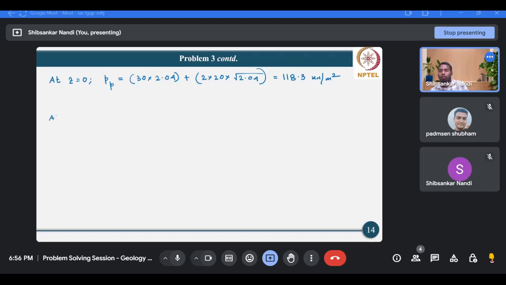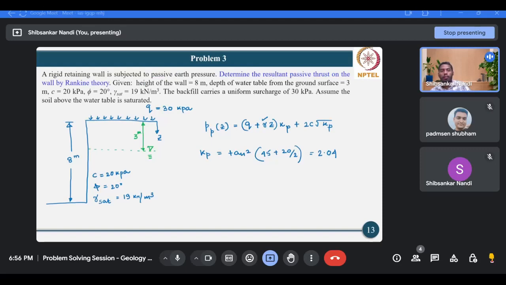Now coming to the water level, that is 3 meter, it will be 30 plus gamma z. Now this gamma will take the saturated value, as it is mentioned in the problem statement that assume the soil above the water table is saturated.